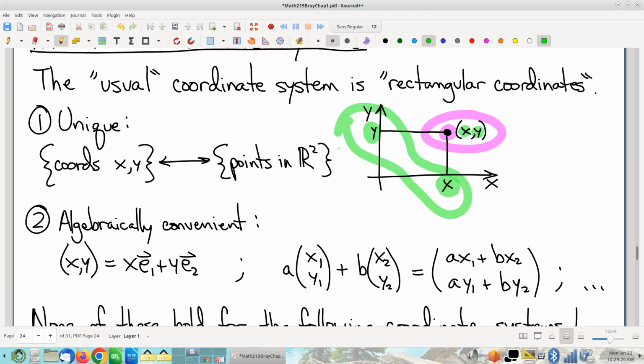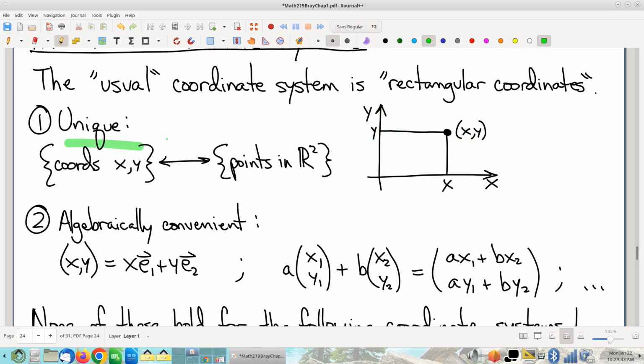So given any point, there is exactly one set of rectangular coordinates. And given any set of rectangular coordinates, of course, there's exactly one point. So this leads to the first observation I want to make about why I like rectangular coordinates, and that is that rectangular coordinates are unique. For a given point, there is exactly one set of rectangular coordinates.